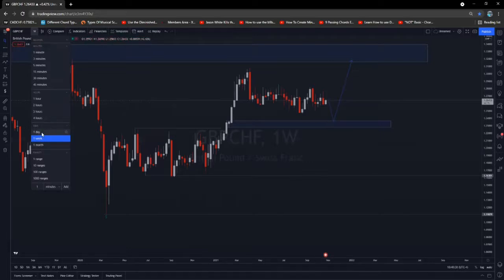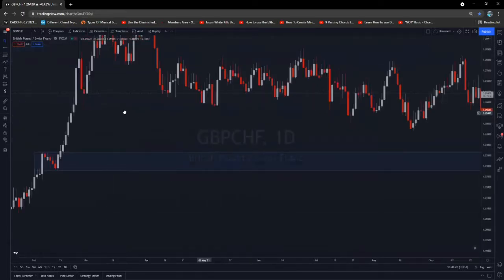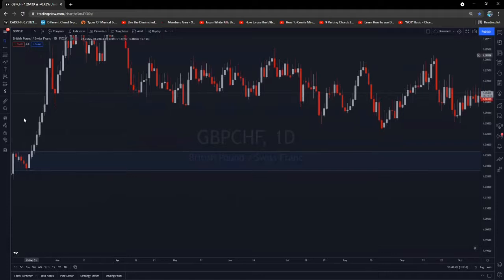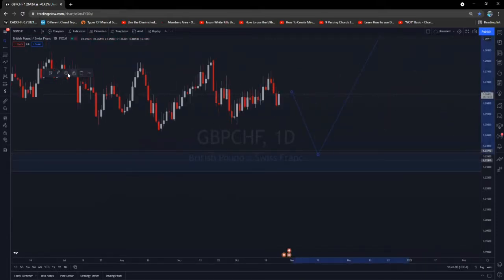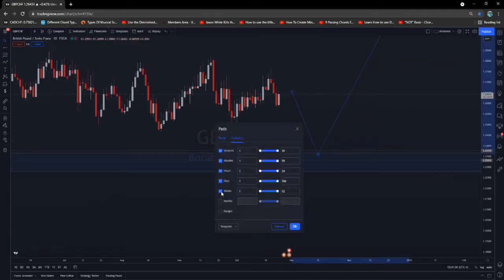Let's go to the lower time frame. As we move to the lower time frame, we see that we have a demand area right here, nested within the higher time frame area. If price was to go down, that's where we're going to have our buy limit.